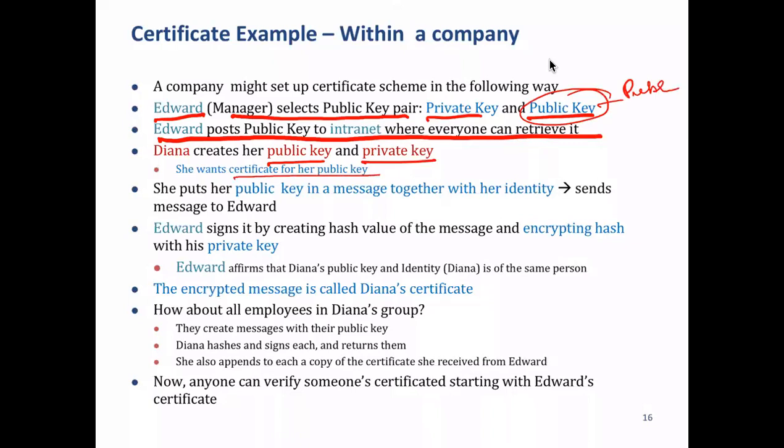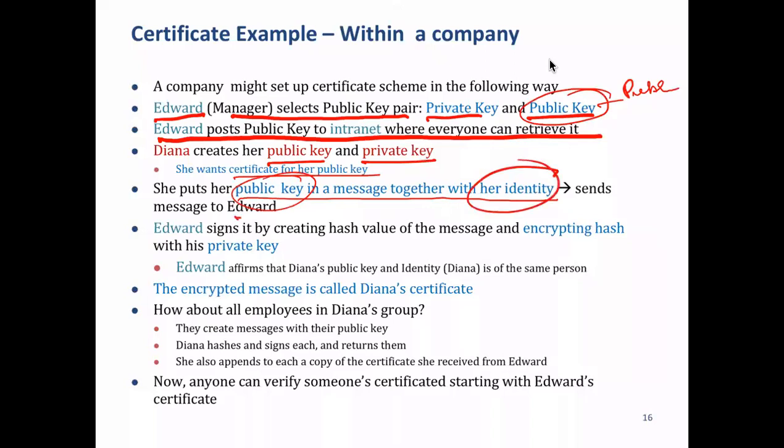She puts her public key in a message together with her identity. Assuming that Edward has thousands of people reporting to him, he may not know who Dinah is, but Dinah may have her ID card or whatever to prove her identity. So she sends her identity along with her own public key to Edward.